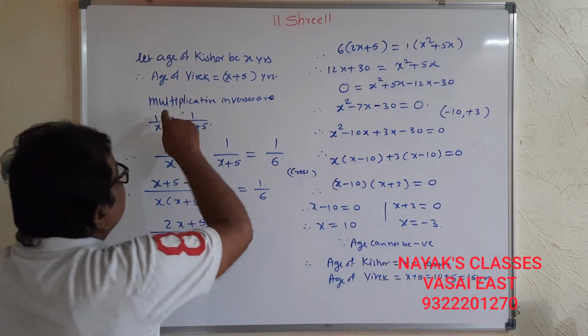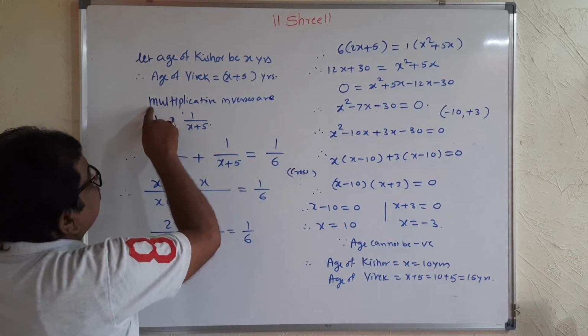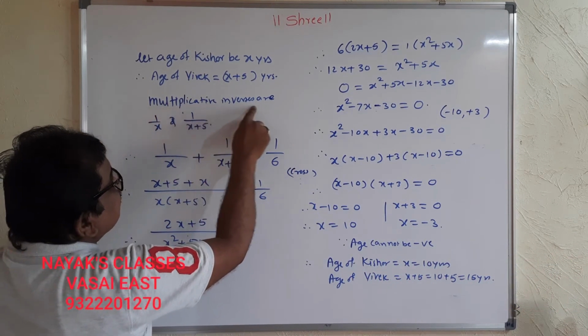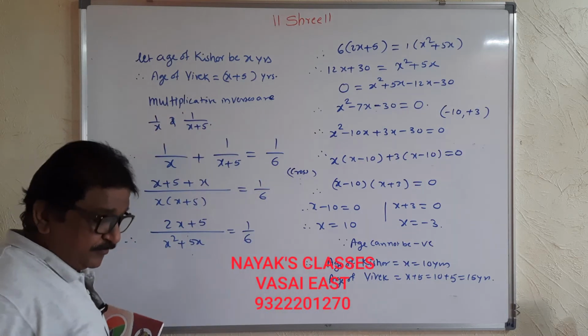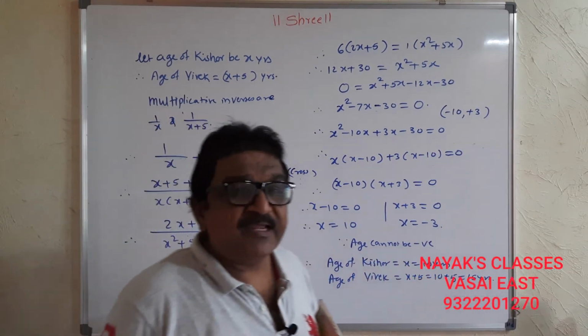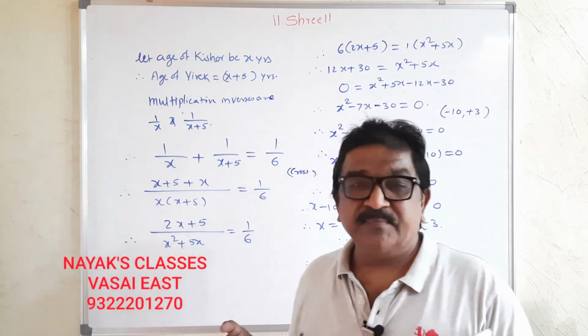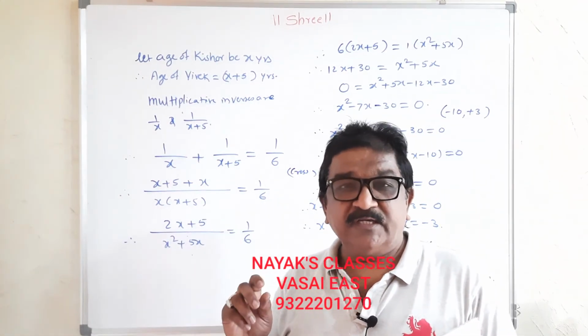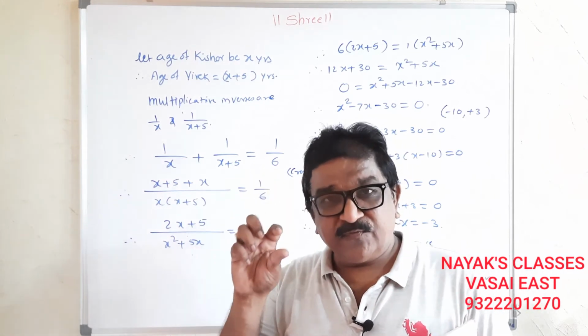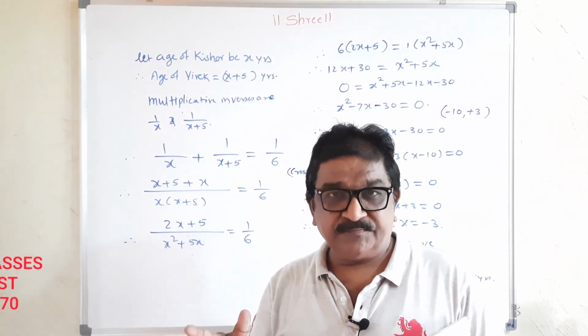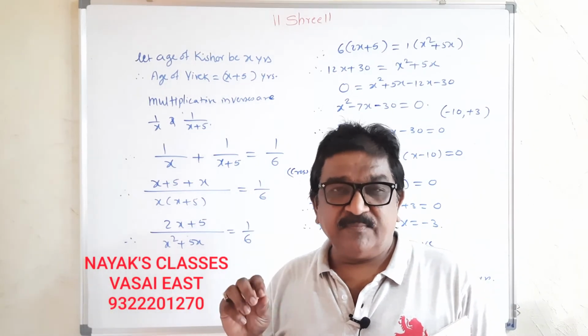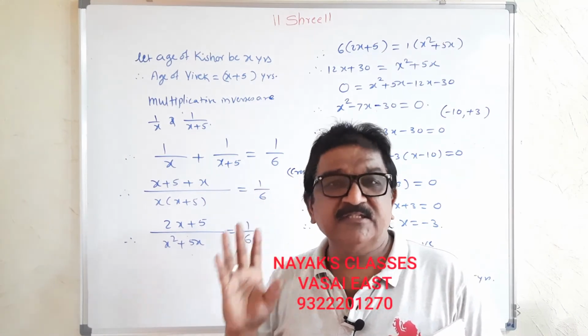Be careful, because of these heavy words you may get confused. Multiplicative inverse means simple inverse. 4 is a number, 1 upon 4 is the inverse. 5 is a number, 1 upon 5 is the inverse.